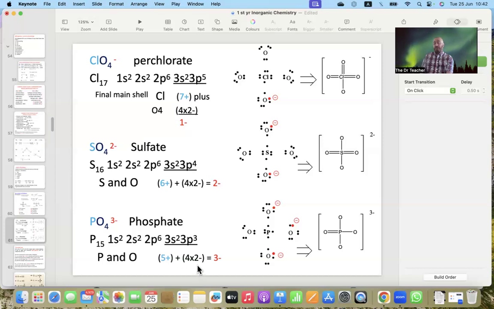Oxygen originally has 8 electrons; each oxygen comes with -2. 4 oxygens, -8. So -8 plus 5 together will become -3. So this -3 is the overall charge of the phosphate group.